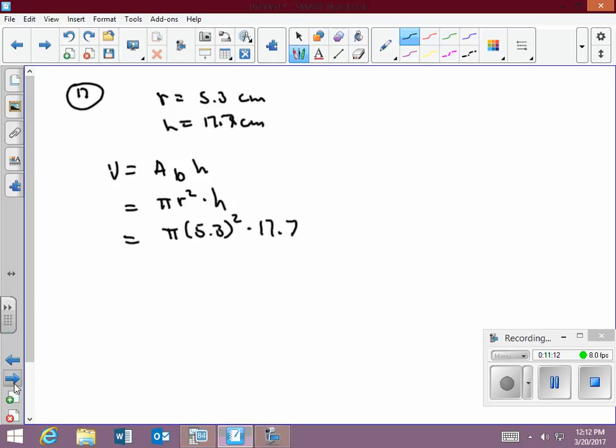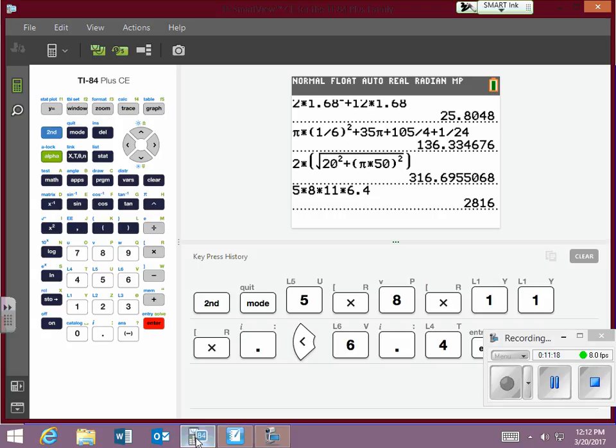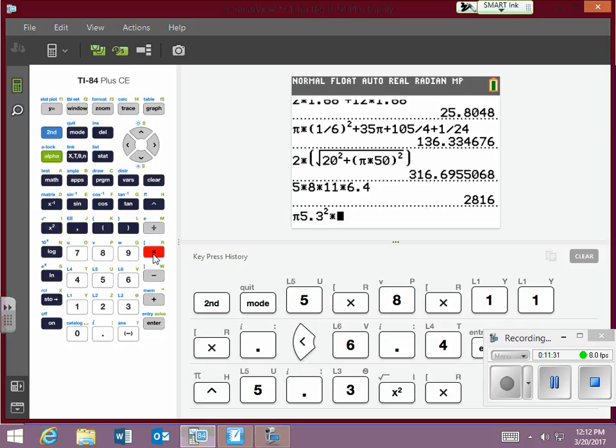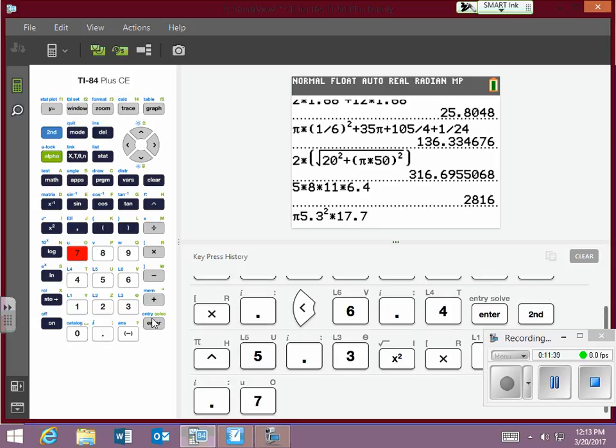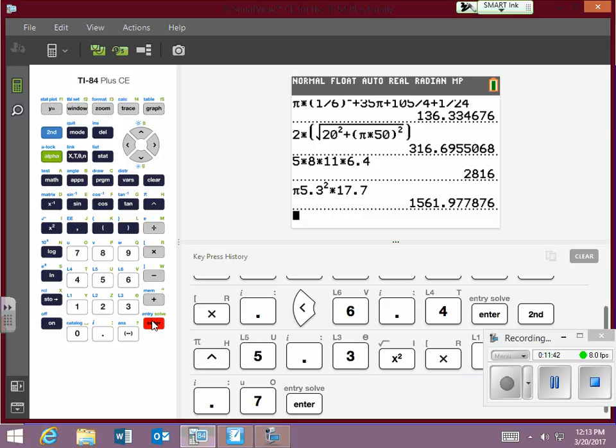Put that in the calculator. Times 17.7. Maybe 1562 if you round that off.